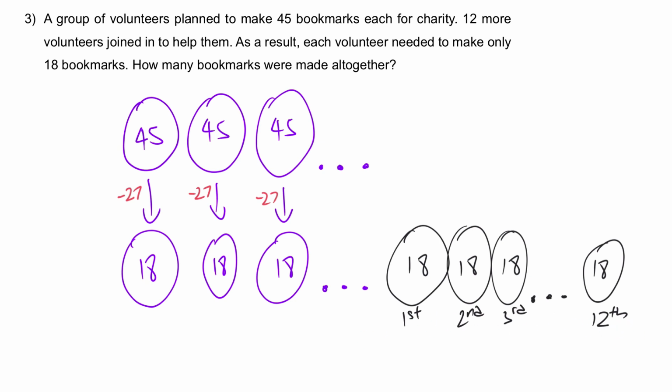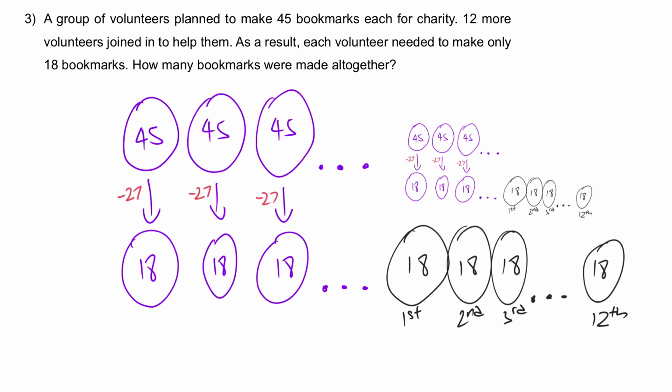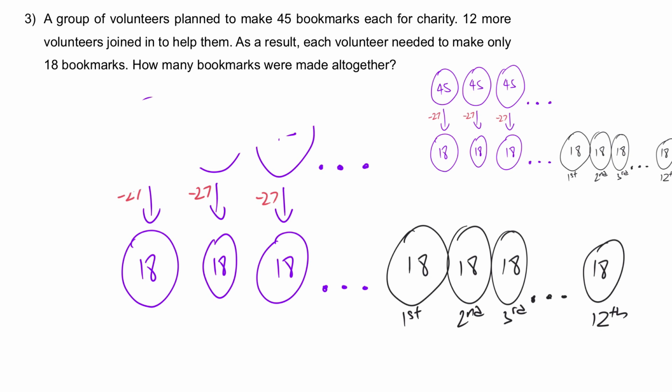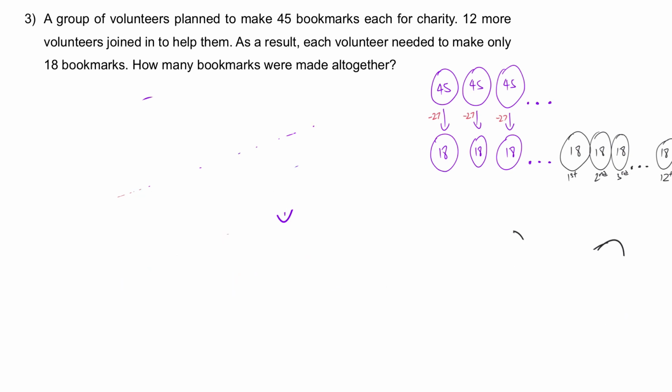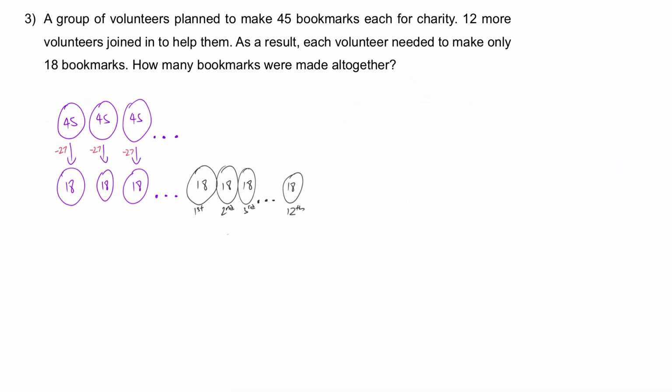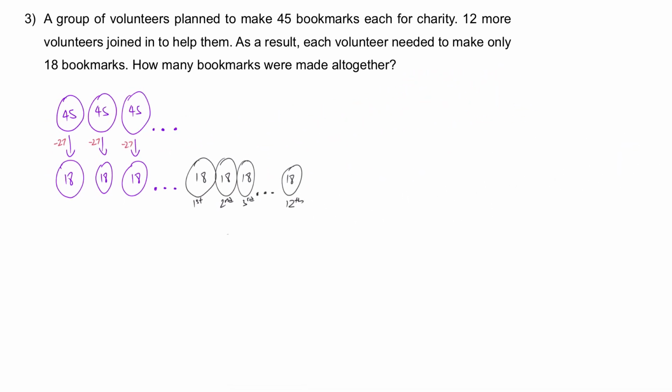Okay, so let me copy this whole thing, make it smaller to give me the space that I need to write down the working. Let me erase everything. Gonna move this back here. Okay, so let's figure out first how many bookmarks the new volunteers have to create.